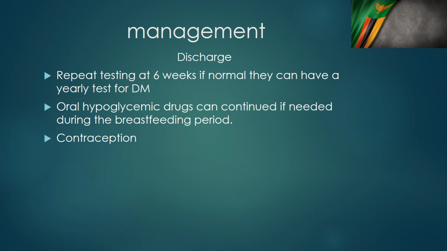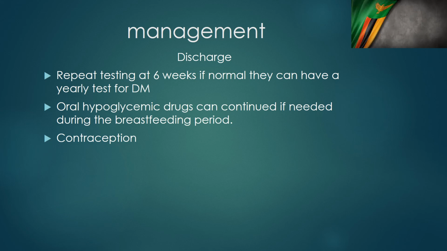early in life. For those who need oral hypoglycemics after delivery and for maybe a few weeks after discharge, it needs to be known that these are safe and they can be taken with breastfeeding.